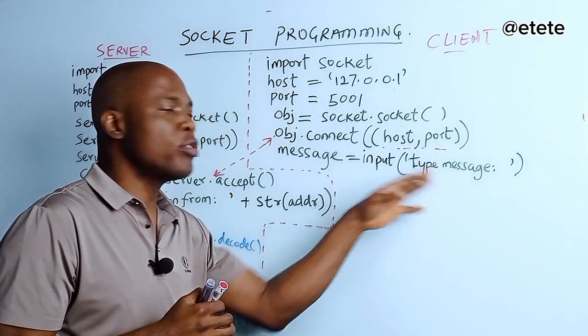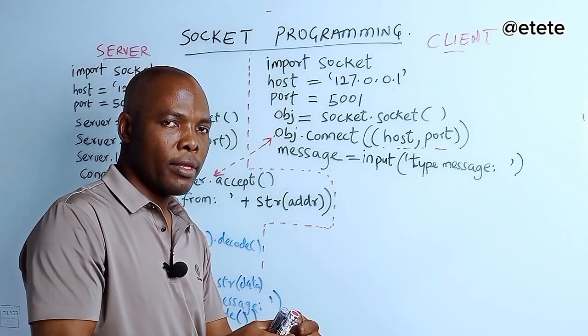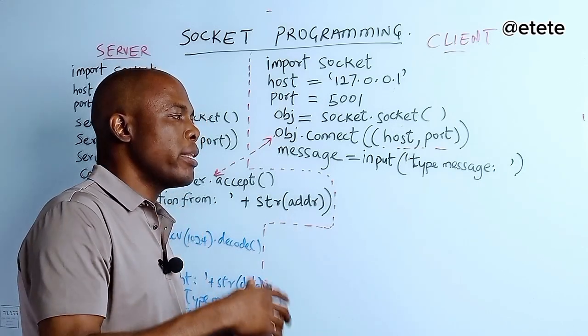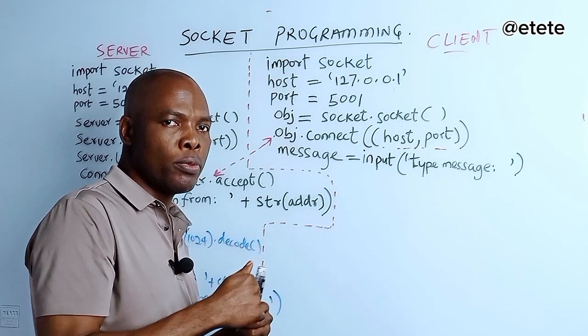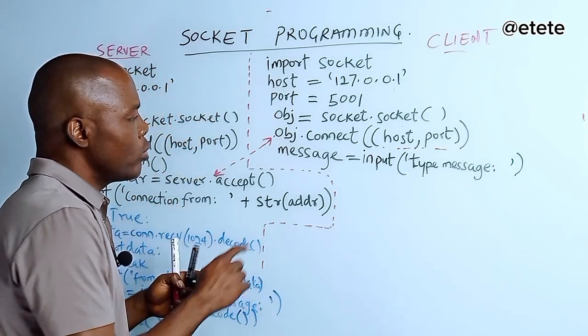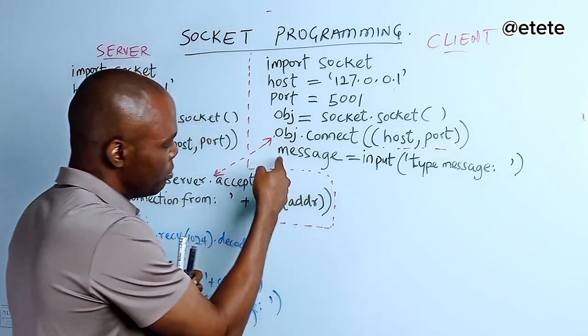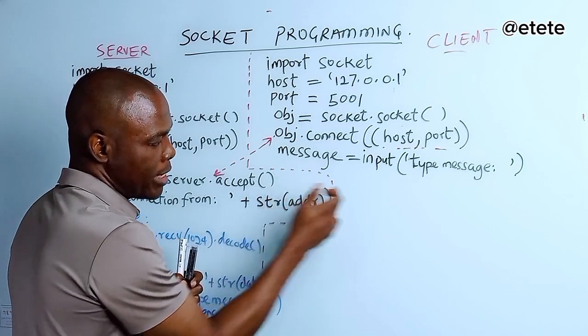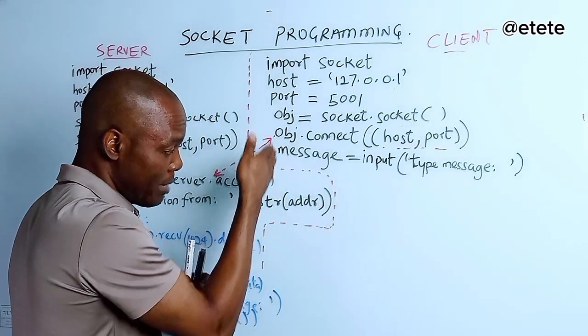So the client now is going to type a message. Right? But that message, I'm putting it inside a loop. Now, what I want to write here should be on the same line.